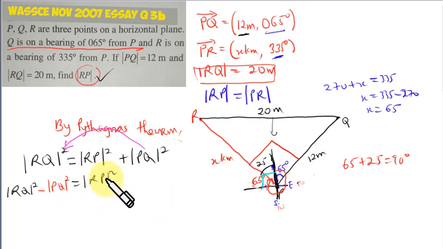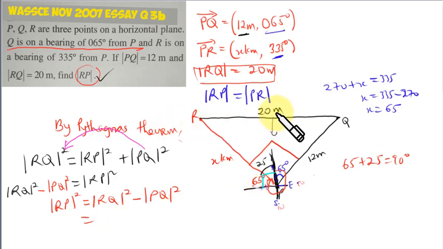Alright, so let me rewrite this again by writing the RP first. So RP squared is equal to RQ squared minus PQ squared. Alright, so what is RQ? RQ is the length 20. So 20 squared, and PQ is the length 12. So you have 12 squared.